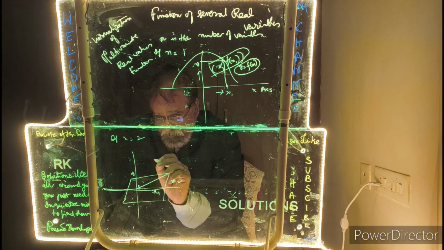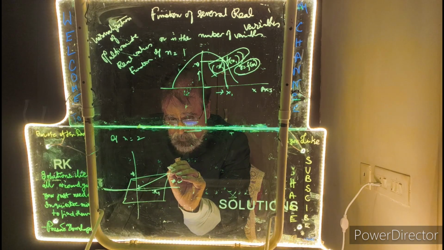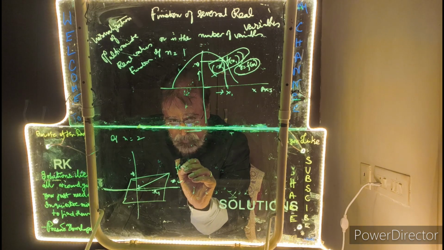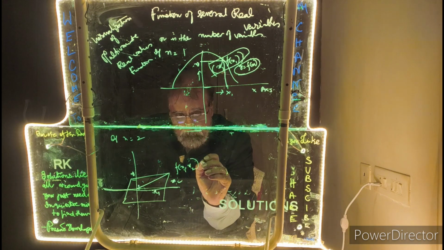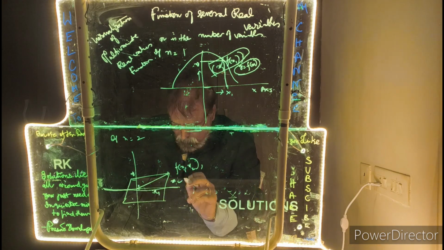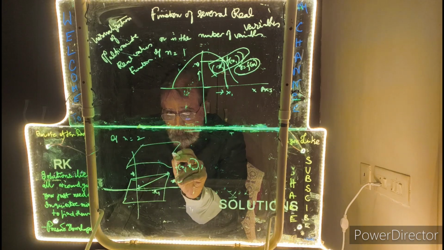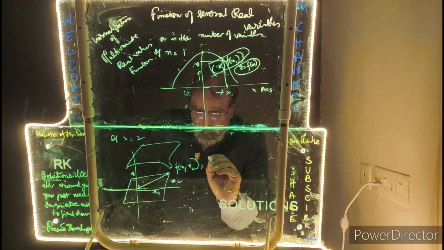This is y. Y can be represented as f of x1, x2. That will be something like a surface.